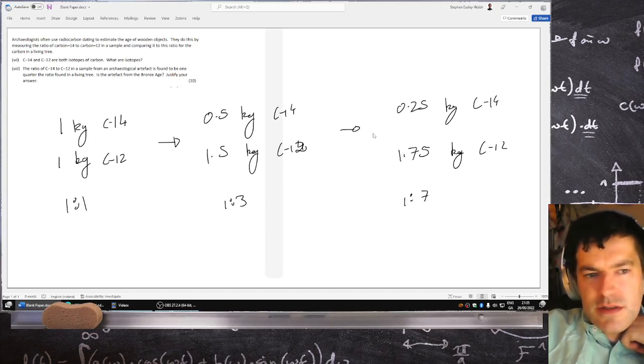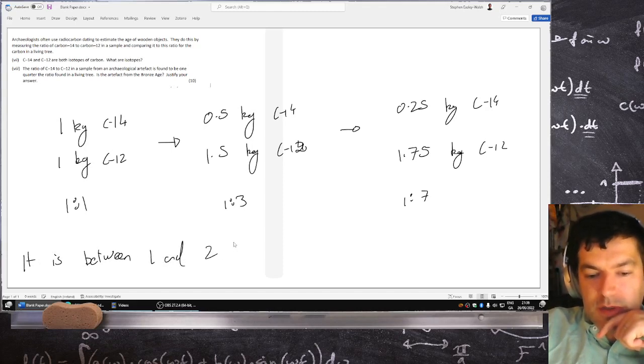Okay, so it's not quite 2 half-lives actually, so the ratios tricked me. It's a little bit more than 1 half-life, so it is between 1 and 2 half-lives. So therefore Bronze Age.